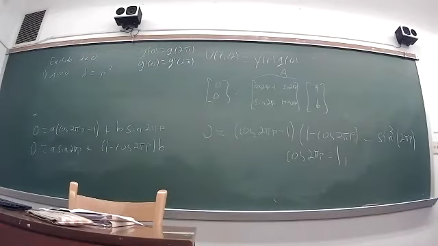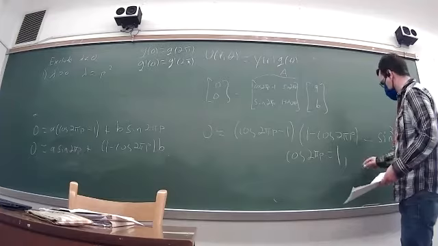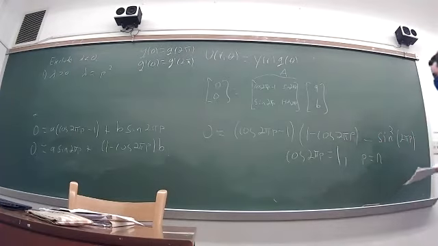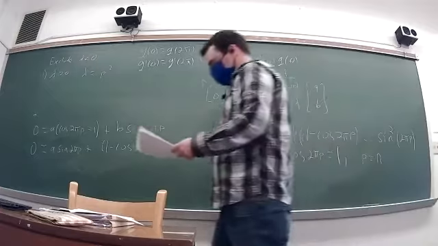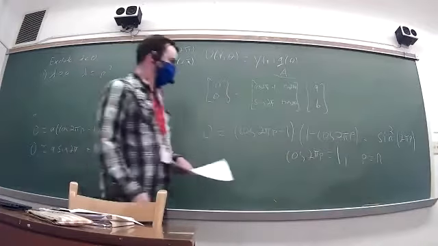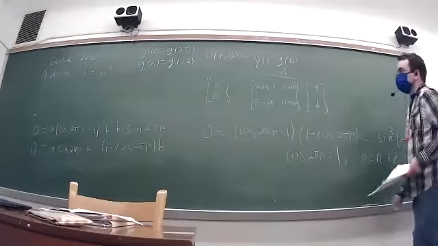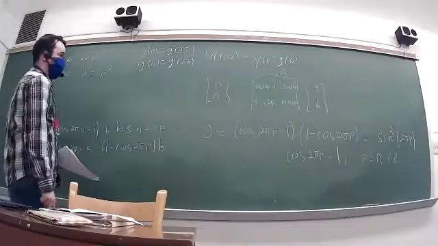So cosine theta is equal to 1 when theta is a multiple of 2 pi, and so that's telling you that p has to be some integer, and in fact, I guess any integer will do. But then lambda is going to be equal to p squared.